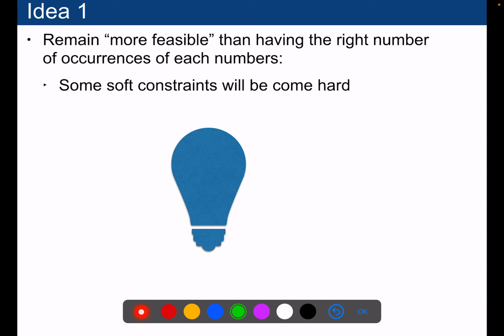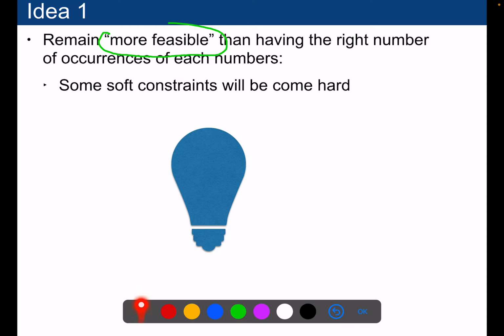A first idea is that maybe it would be better to enforce a little bit more difficult hard constraints. And the goal will be to remain a little bit more feasible than just having the right number of occurrences for each number. Okay?